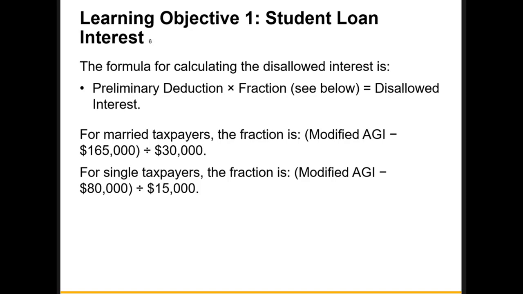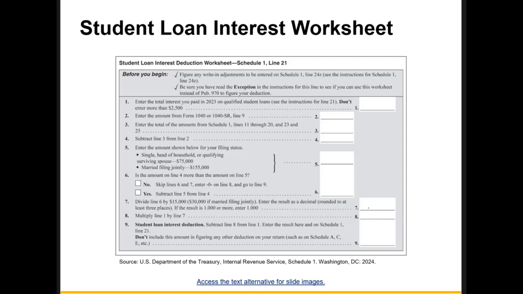For single filers it uses $15,000, same formula. And if you'd like to use a worksheet, they do provide one in the instructions for this particular line item, as they do for many things, but this one specifically helps you go through the process of applying those thresholds.